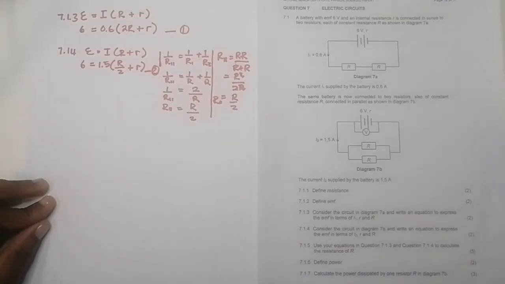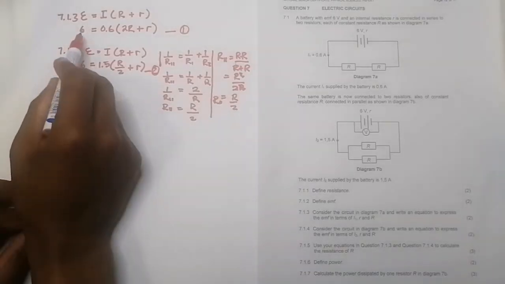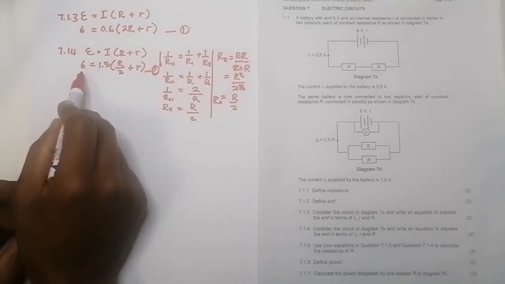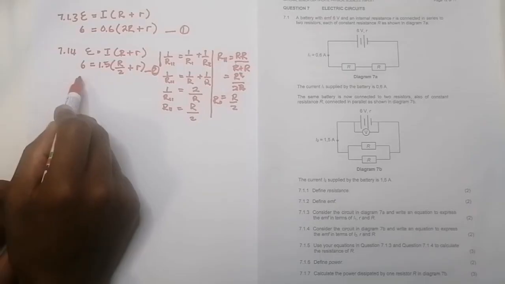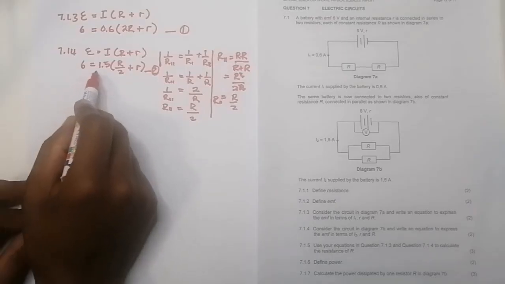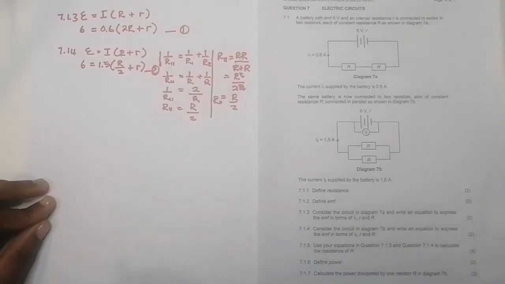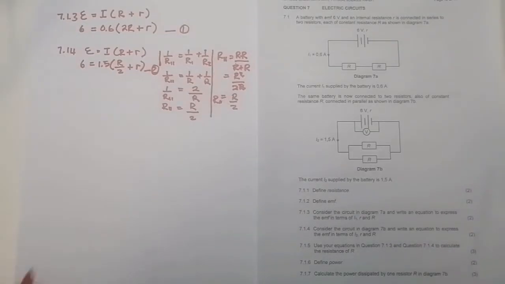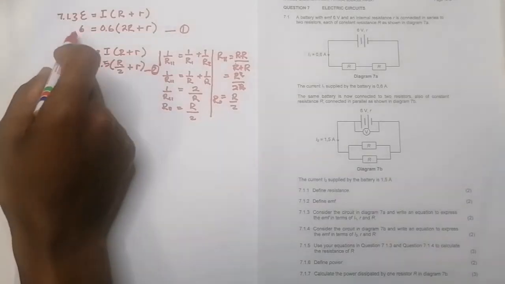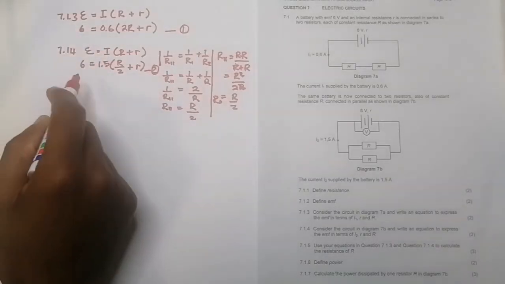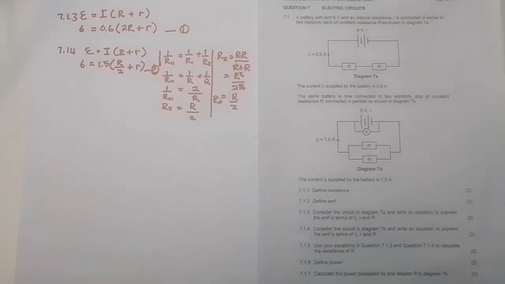Now you think about it. Both equation 1 and equation 2 are equal to the same thing. So if both of them give you EMF, which is 6 volts, what does that mean? It means both equations are essentially the same, right? So if their left-hand sides are equal, both of them equal to 6, so will be their right-hand sides, right?